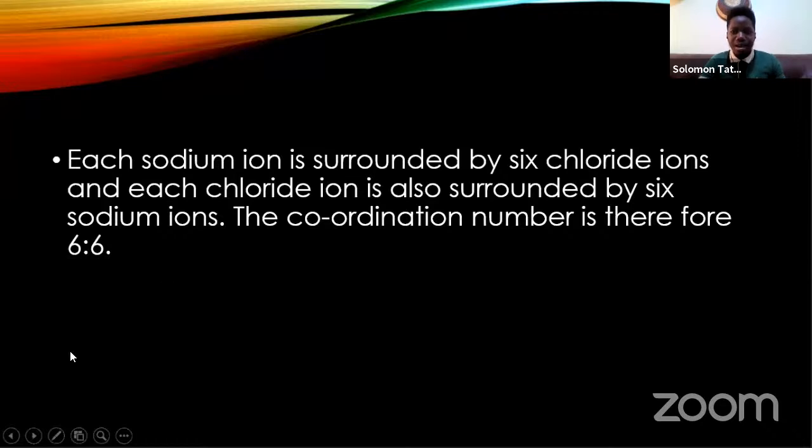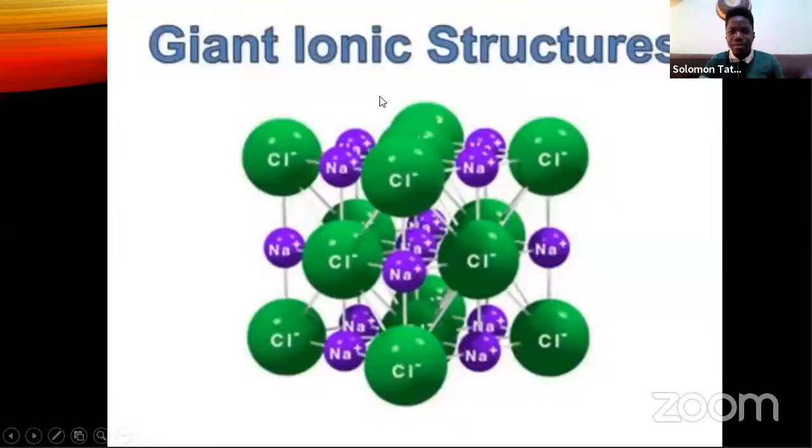Actually, not 4 to 4, but 6 to 6. There is the middle one that I missed. So here it is in a 3D shape. In a 3D shape, this is how it will look. Remember to ask questions if you don't understand. Here they are named very well, so you can see the chloride and the sodium ions.